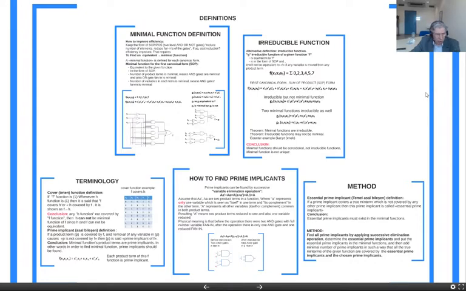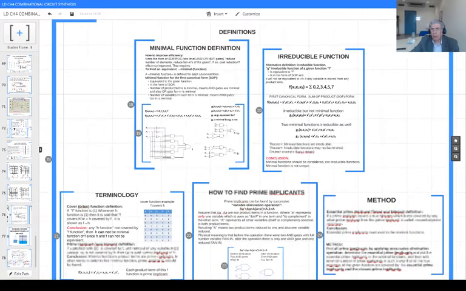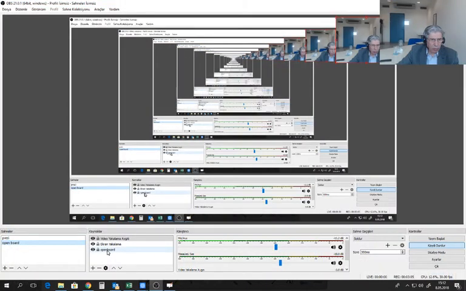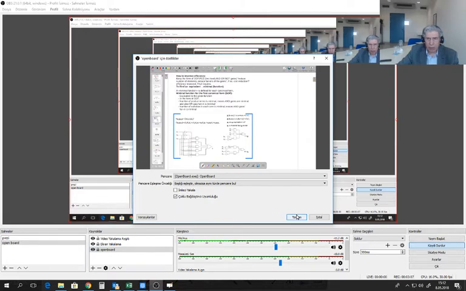So let's escape from here, move it down and put that in open board selection. Okay, here we are.